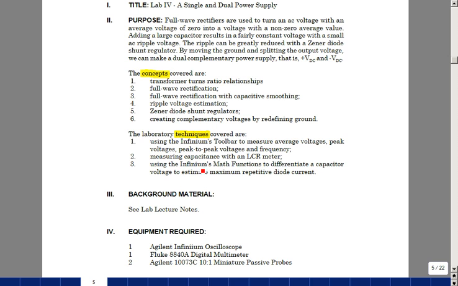We're going to measure capacitance with an LCR meter. And lastly, we're going to use the Infinium math functions to differentiate a capacitor voltage to estimate the current that's flowing through it, which would be related to our diode current. And this is Lab 4, building a single and a dual power supply.